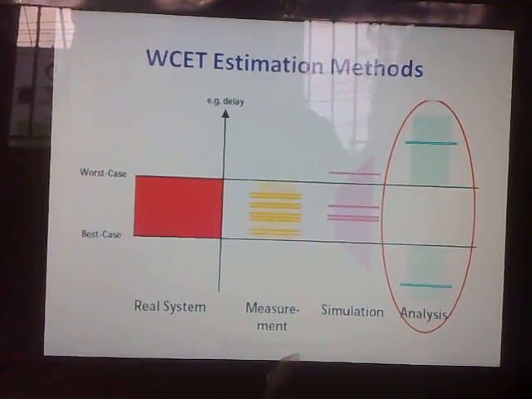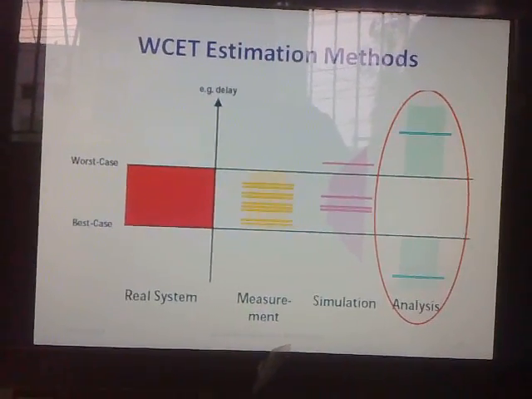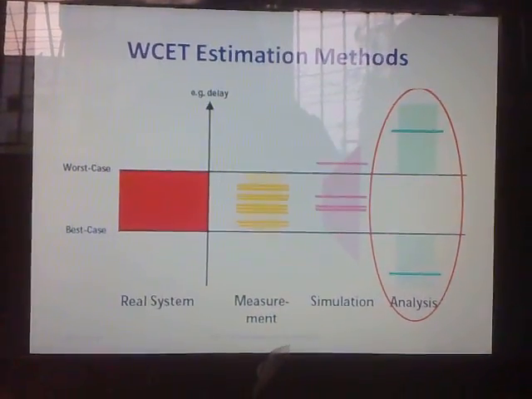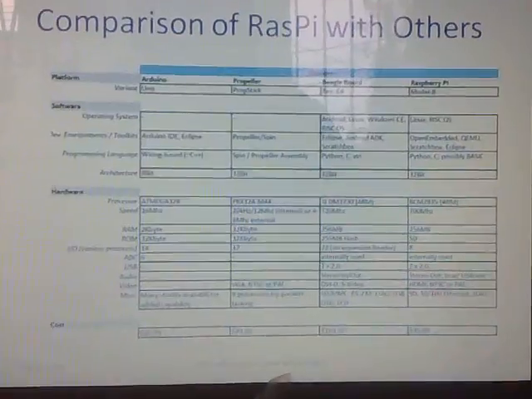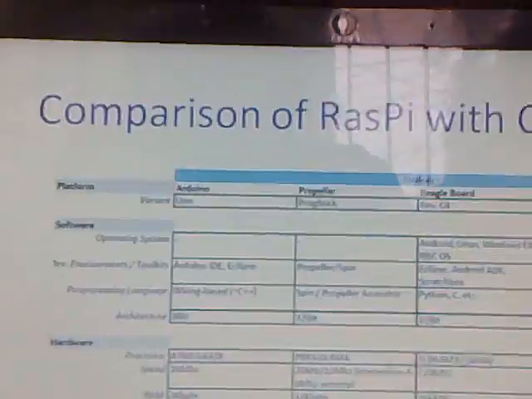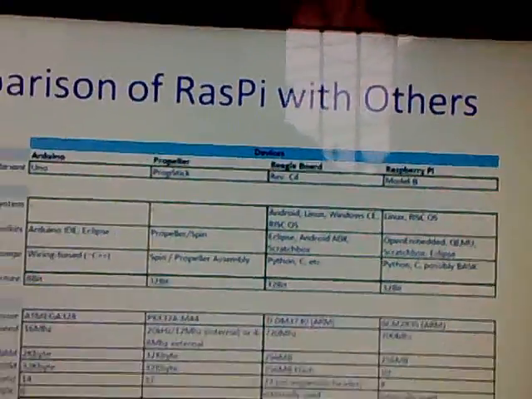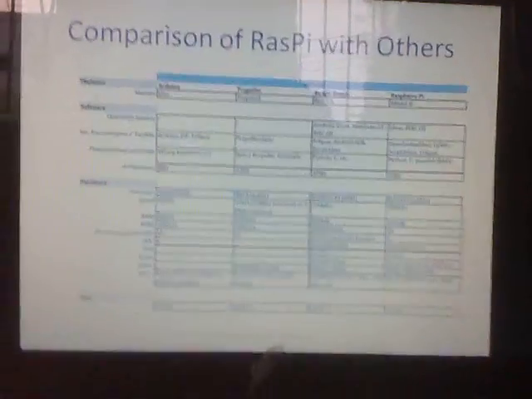In simulation, we could somewhat distinguish the worst case. Only in analysis could we justify that this is the worst and this is the best condition. In comparison with the other controllers, by this comparison I could show that Raspberry Pi is best for my project.